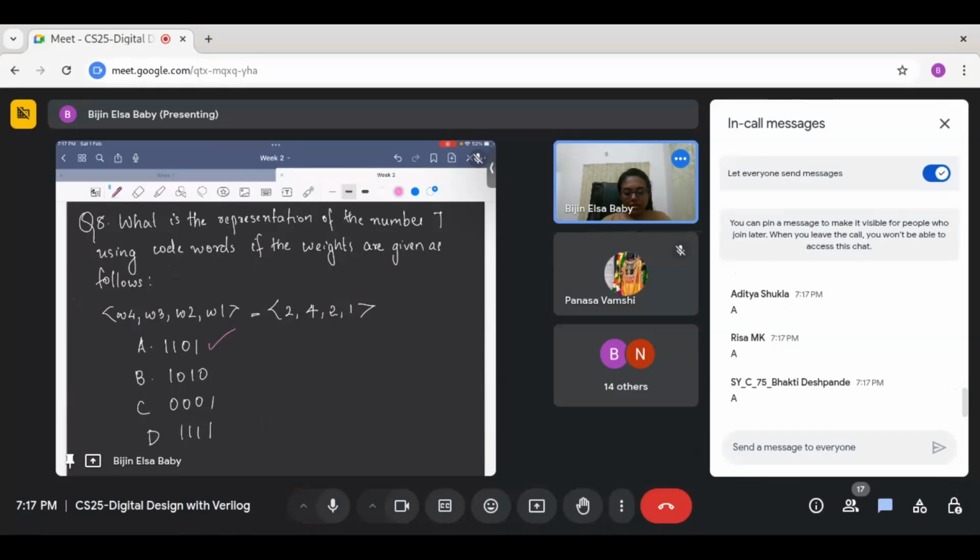And this is the correct answer. So here 2421, that is 7. Here it is 4. Here it is 1. Here it is 9. So this is the right answer.